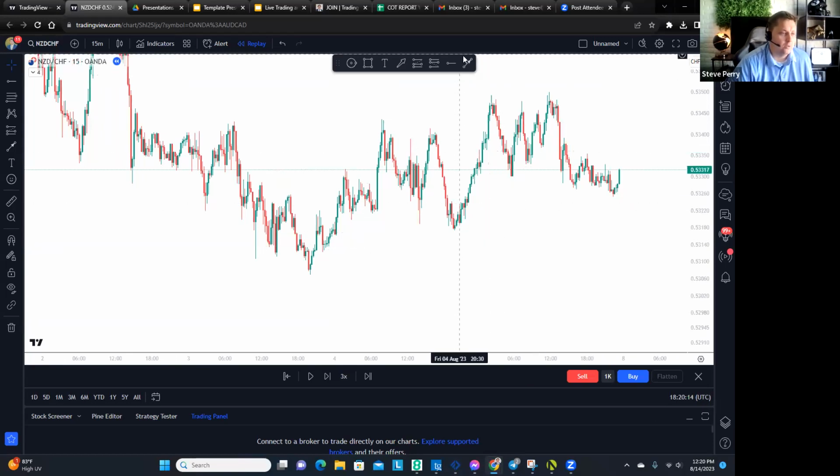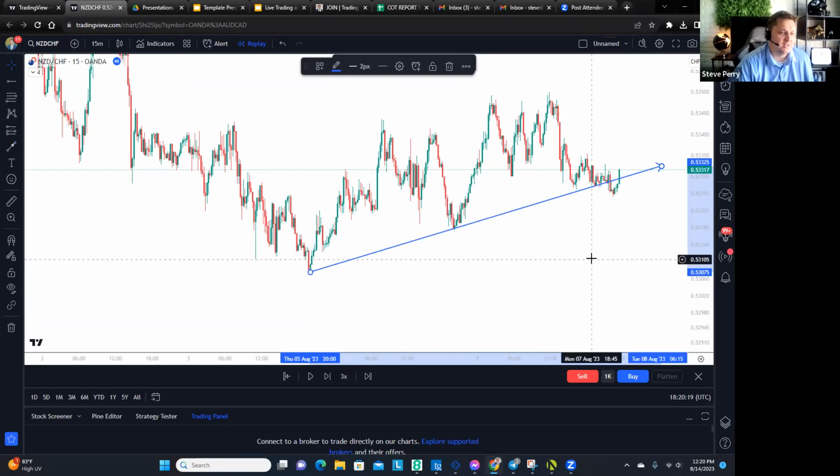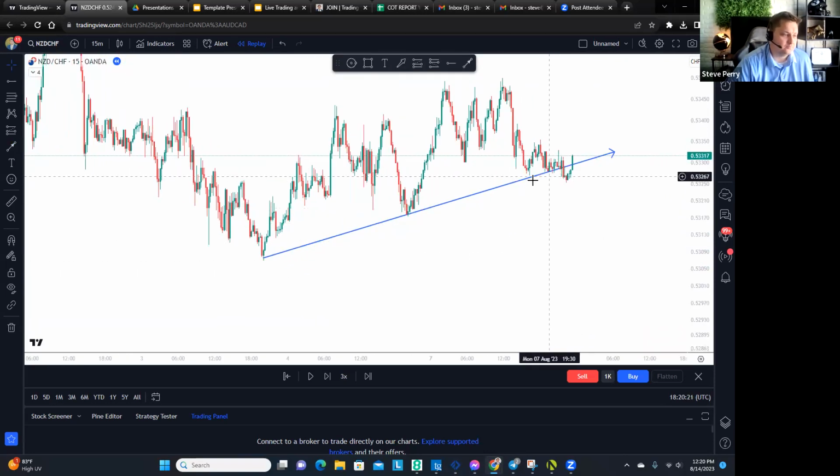Well, I can already see right here there's a trend line on this NZD franc. You've got a nice little trend going on here. You have one point of engagement, two points of engagement, and I would argue that is a third point of engagement. And then the trend starts to break down right in this area.